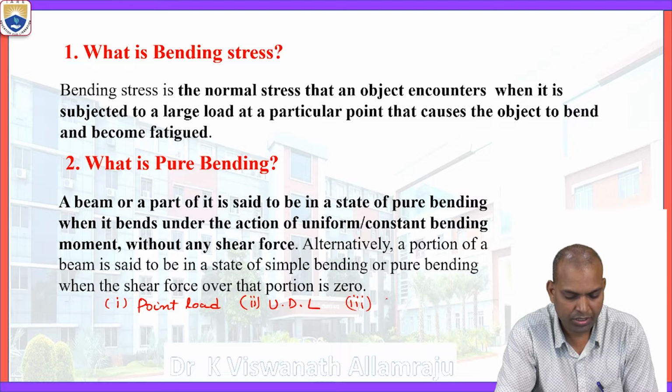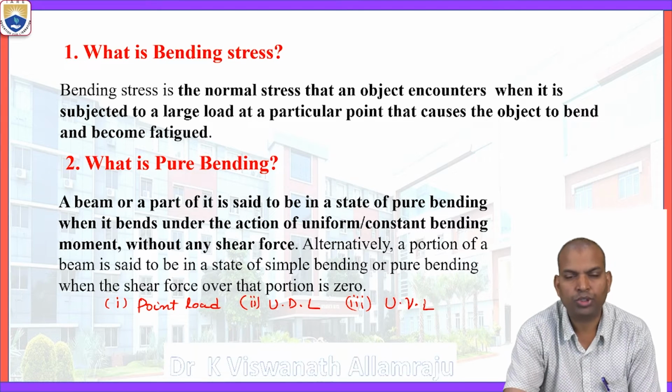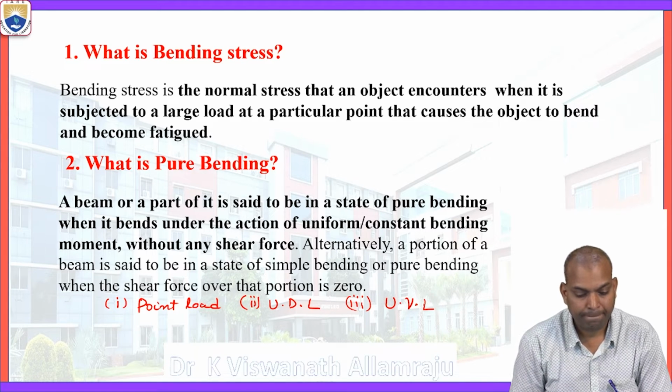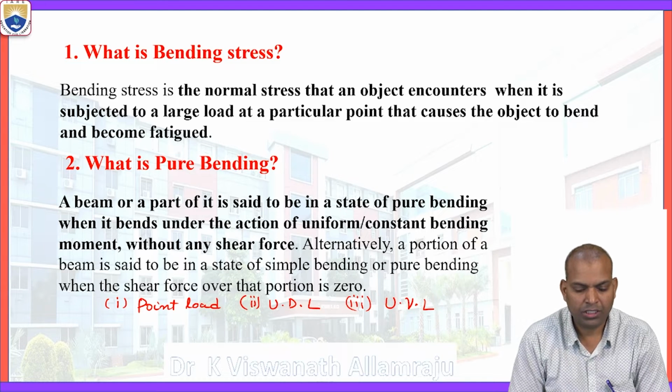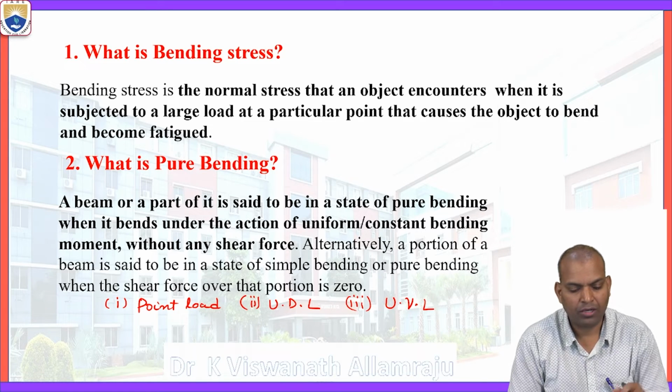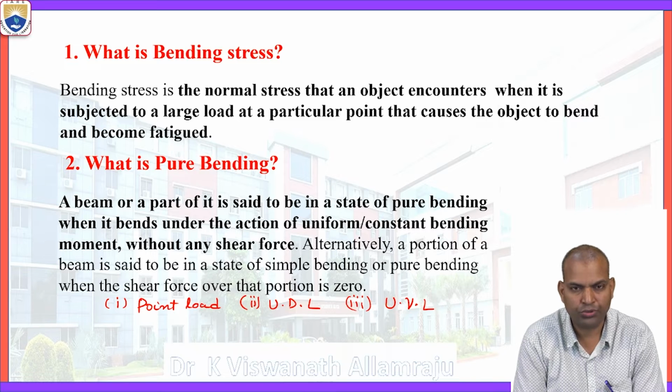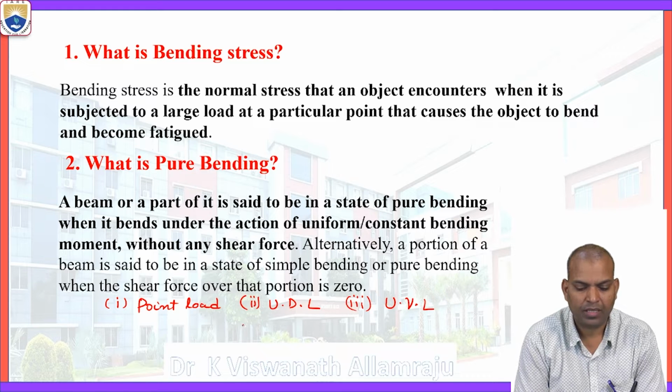And the third one is the uniformly varying load. A combination of point load, UDL and UVL can act on a beam.